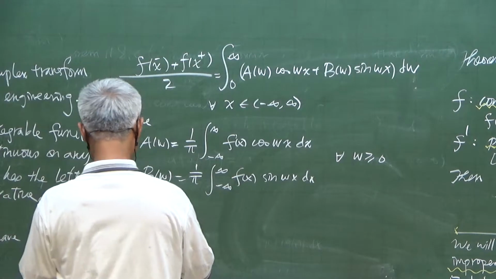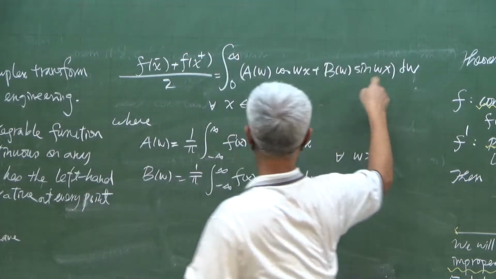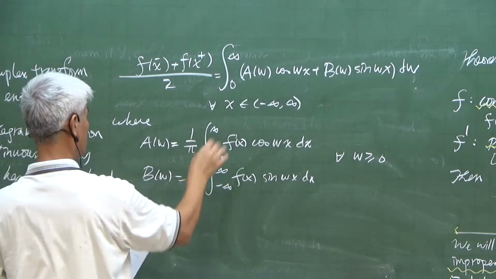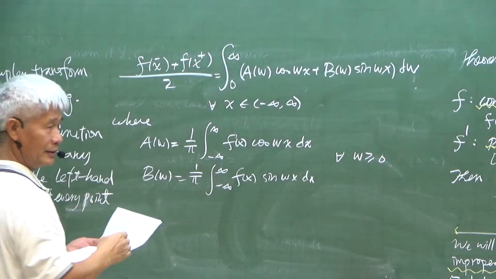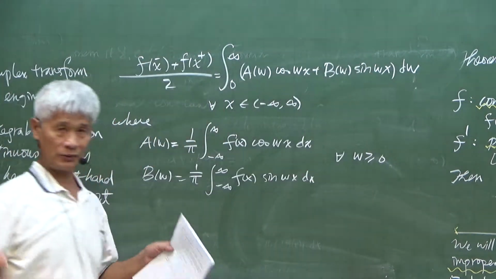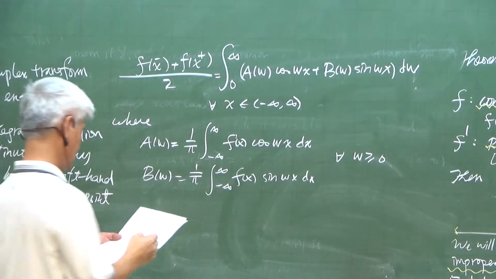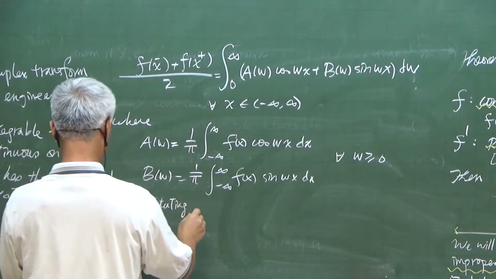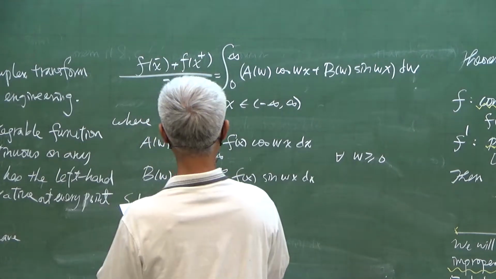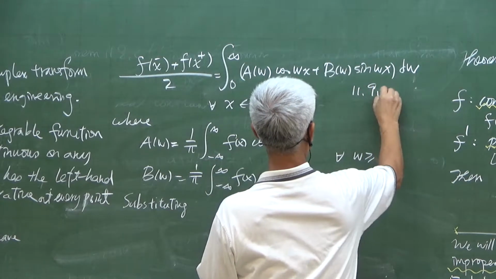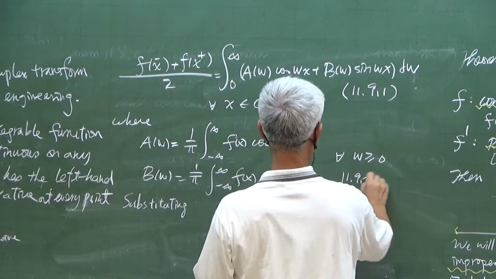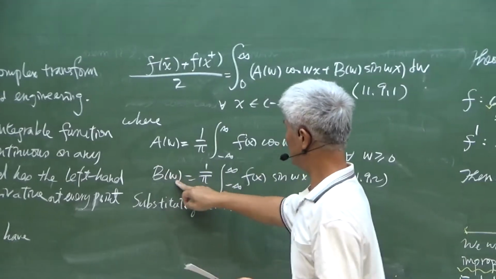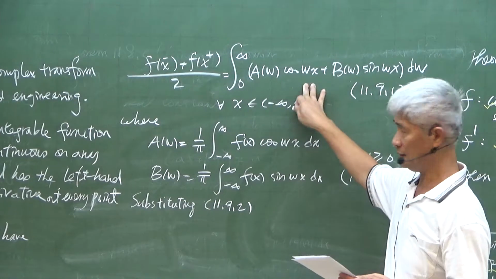Now we want to turn this format into some nice form. So now we are going on another journey, to replace this integral with a nice form. Let's say this is 11.9.1 and this one is 11.9.2. The first step is substituting the A(w) and B(w) into the integral.